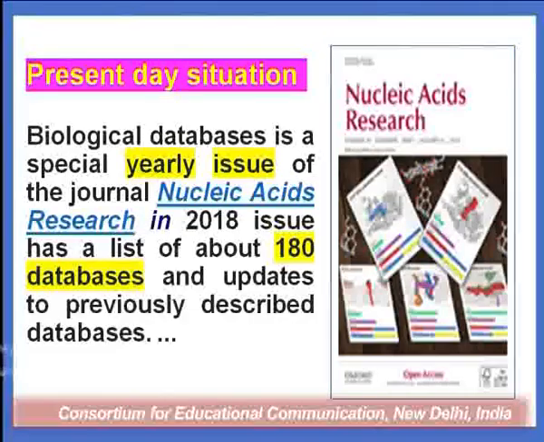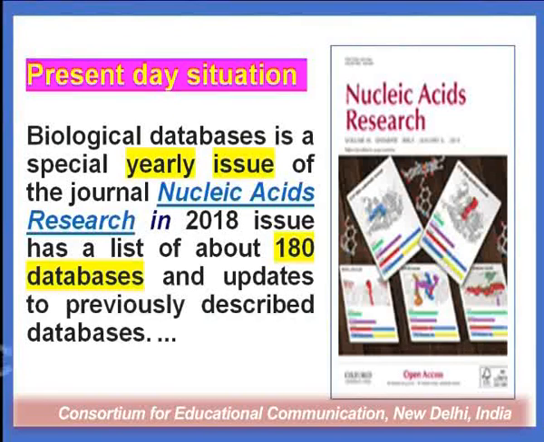So things went further. We had consolidated things happening, and we had huge data, and we reached the present day databases. And what is the present day situation? Nucleic Acids Research, a very prestigious journal in molecular biology, comes out with a yearly database issue.